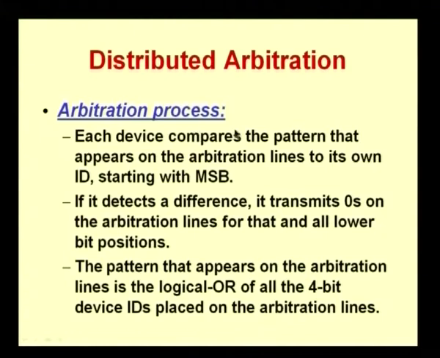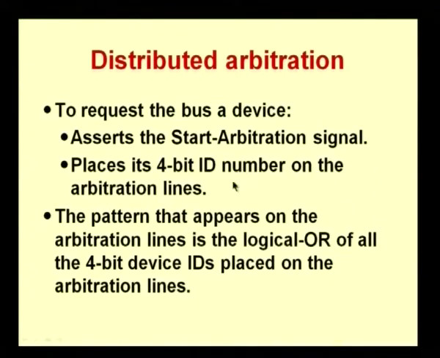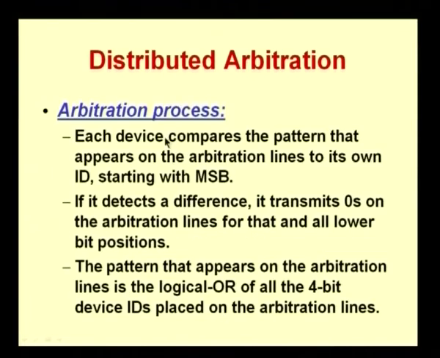So, now the arbitration process works like this. We already said that the pattern that appears on the bus will be the logical OR of all the 4-bit device IDs which are placed on the arbitration lines. Now the arbitration process starts like this. Each device will compare the pattern that appears on the arbitration lines with its own ID, starting with the MSB, that is the most significant bit.